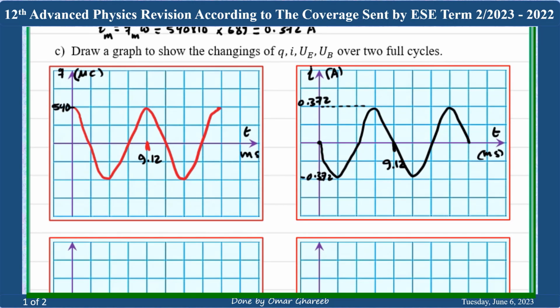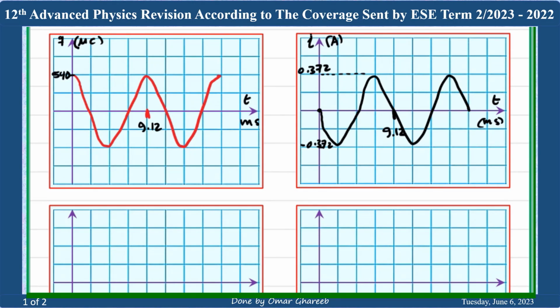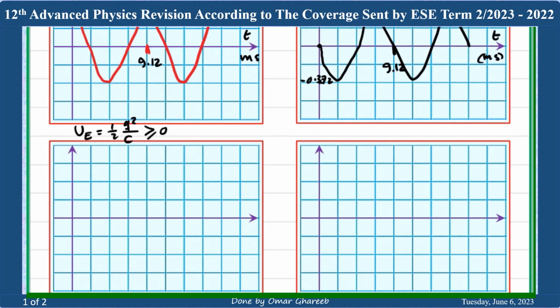Now, if you want to draw the energy, UE is 1/2 Q squared over C. So you need to square Q and divide by 2C. Then UE is always greater than 0. It is positive. Square the Q, make it positive every time. And 2C is a positive number. So UE is always positive. Now, this is the maximum energy.